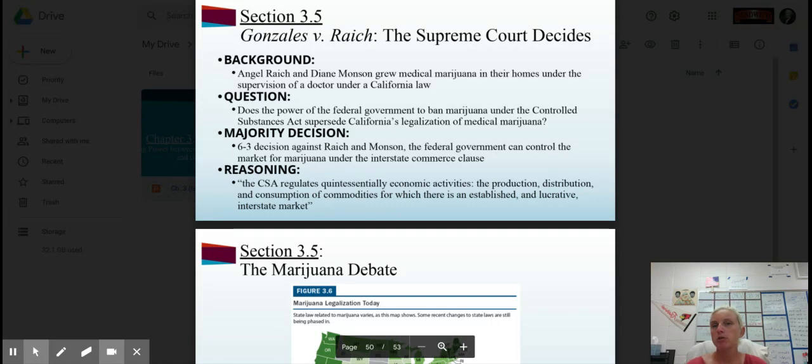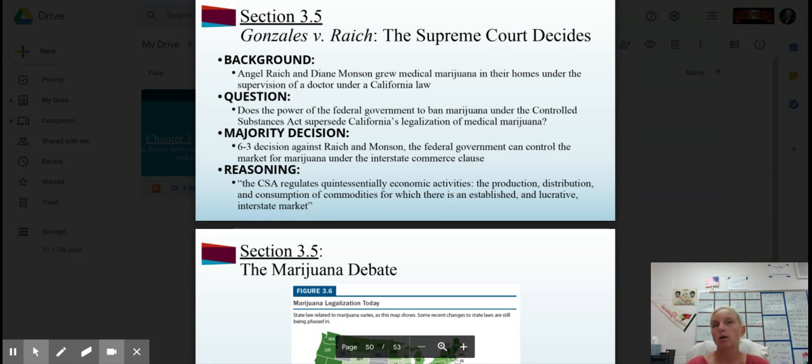And then the case that I talked about at the beginning, about the two people growing medical marijuana and how they took it to the court? They were basically asking, do they have the right to do that, because California says they do, even though the national government says they don't. In a 6-3 decision, they said the federal government can control that because it is interstate commerce.